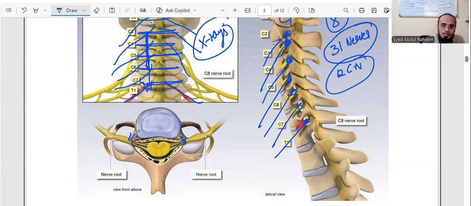So what will happen? The vertebral column, this disc, sometimes it will come outside because of severe functional disturbance. You are doing functional disturbance, so that is the reason the structure is changing. If you hit like this one time, two times, three times, it's okay.